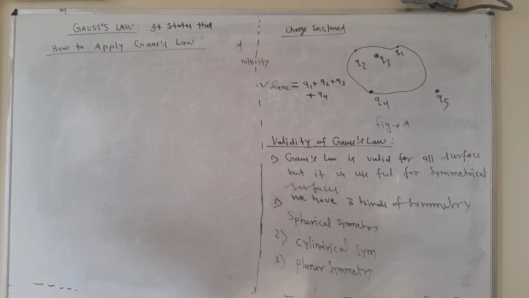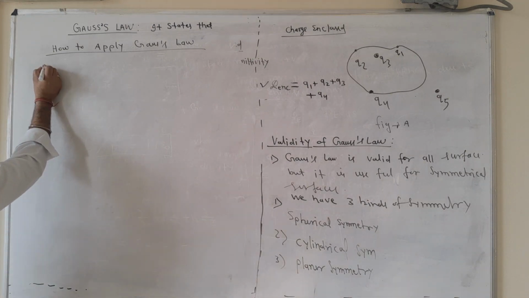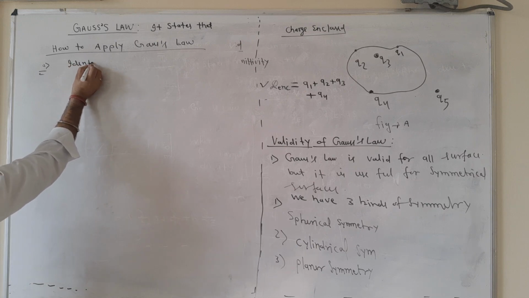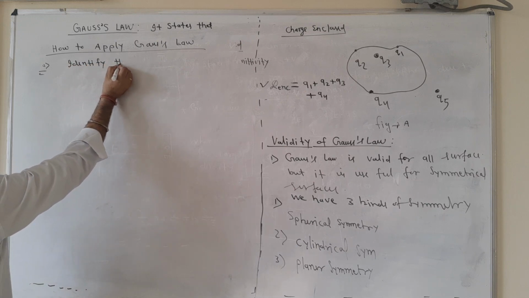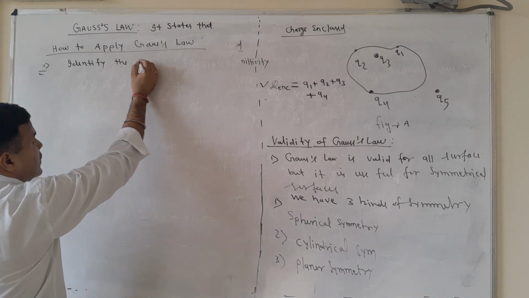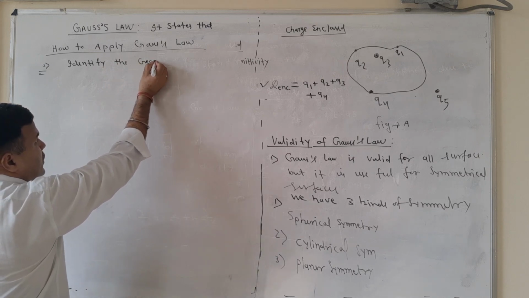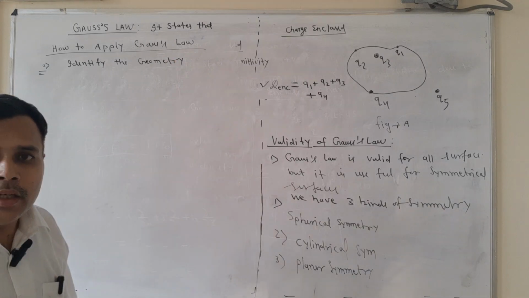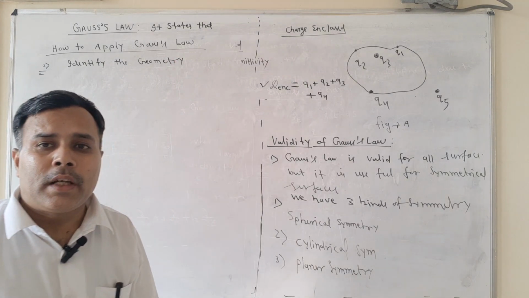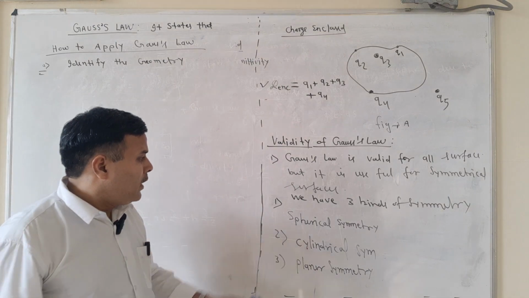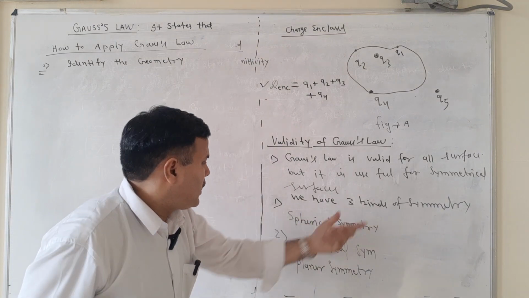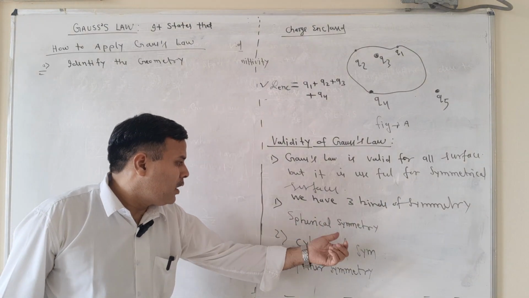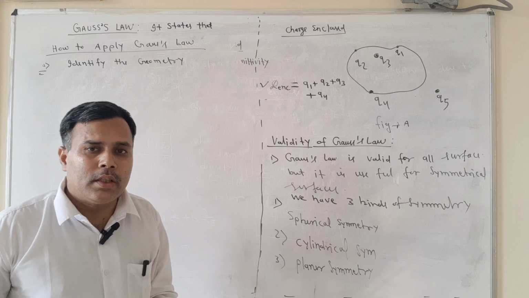These steps are as follows: identify the problem, recognize the geometry, and then see, in these three kinds of symmetry we have three different Gaussian surfaces. Corresponding to these three different symmetries we have three different Gaussian surfaces.